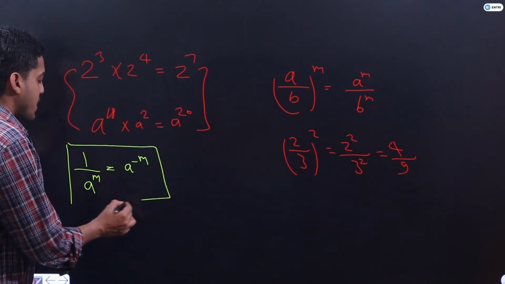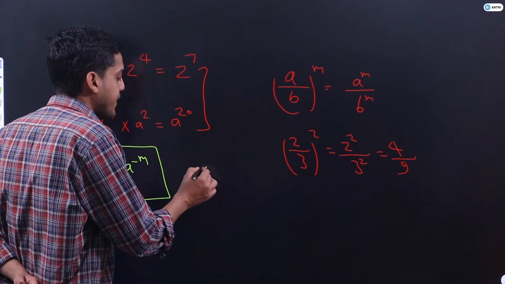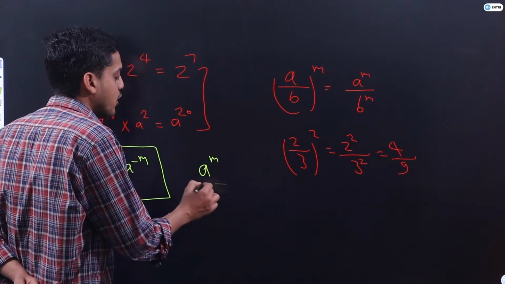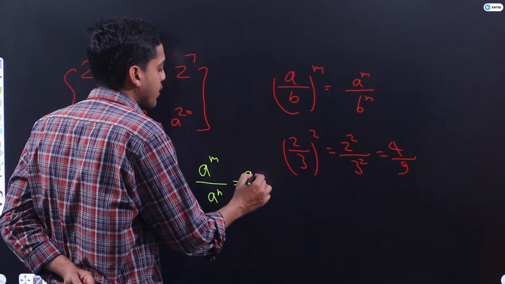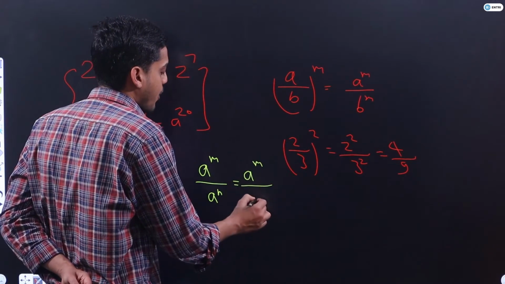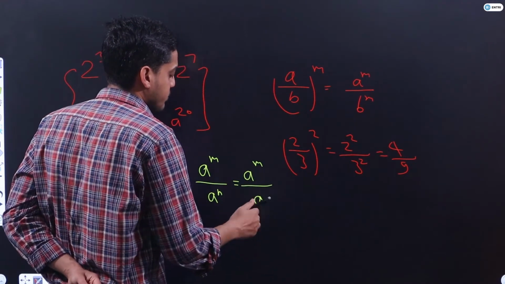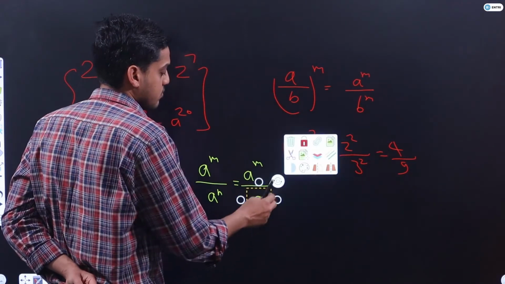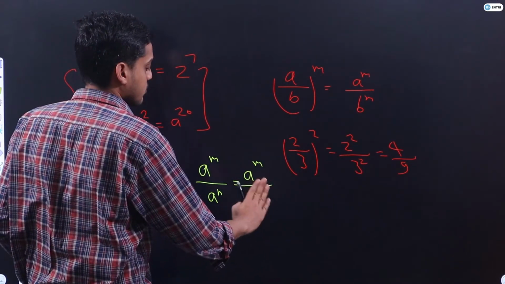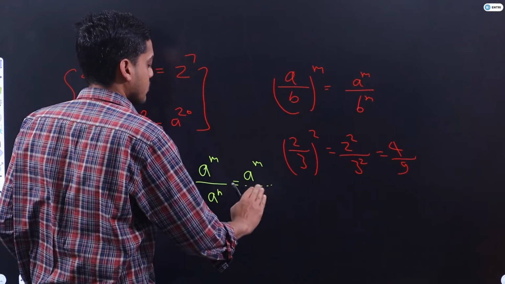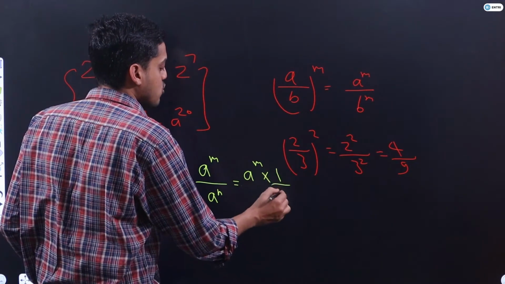If you know this, then you will come to know that a to the power m into a to the power n will be equal to a to the power m into 1 upon a to the power n.